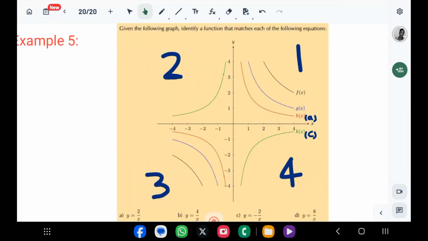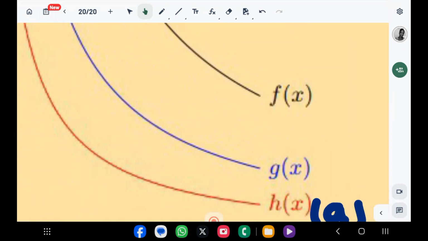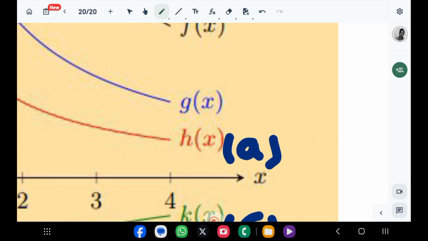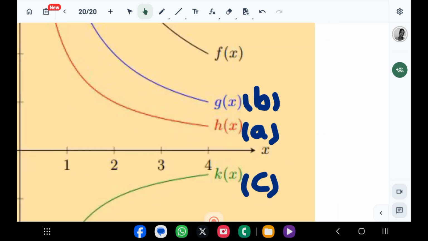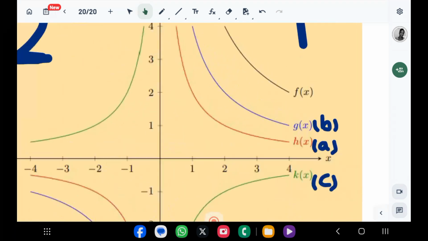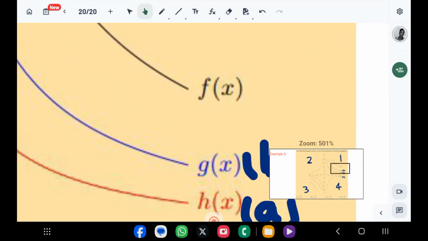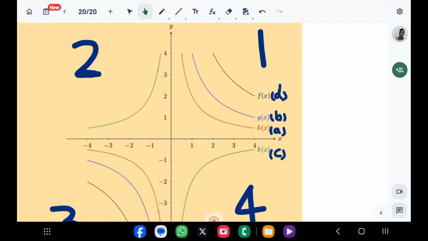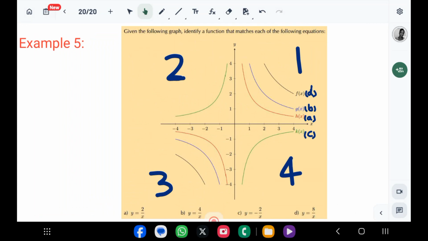So that is number B. And the last one, which is supposed to be number D, is 8 over x, that is f of x. And that's how you match the equation with the graph.